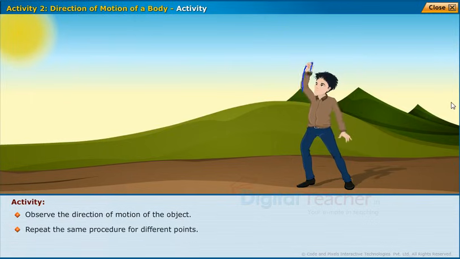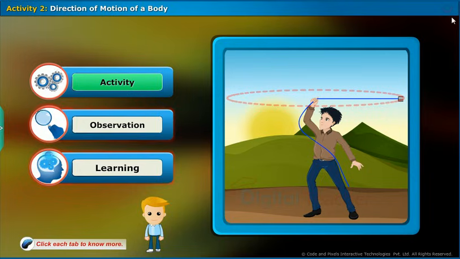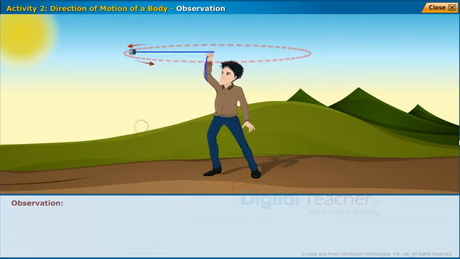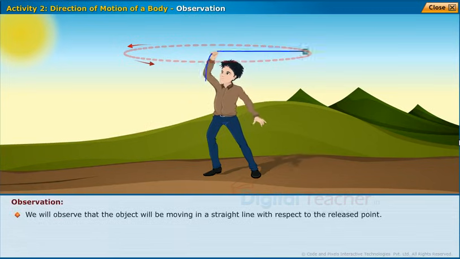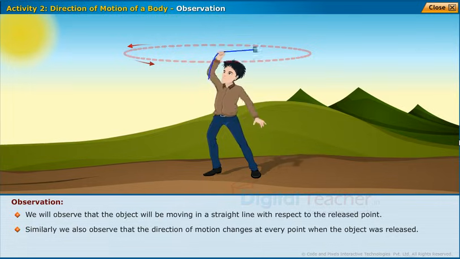Repeat the same procedure for different points. We will observe that the object moves in a straight line from the released point. Similarly, we also observe that the direction of motion changes at every point where the object was released.